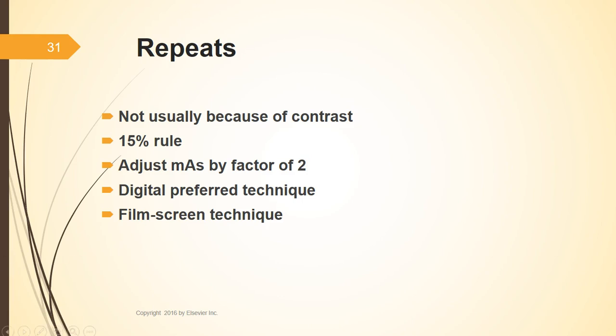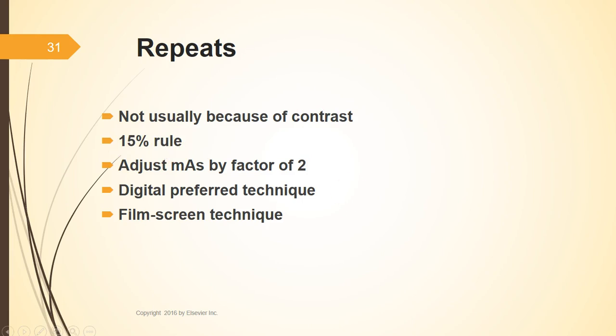Meaning, if you saw that it was not exactly where you wanted it to be, you're not going to take it again because your computer can fix it, but you will change it if you have to do another one or on another patient. And then if a repeat is necessary and kVp is to be adjusted, you're going to use the 15% rule. And that either increases or decreases your contrast.